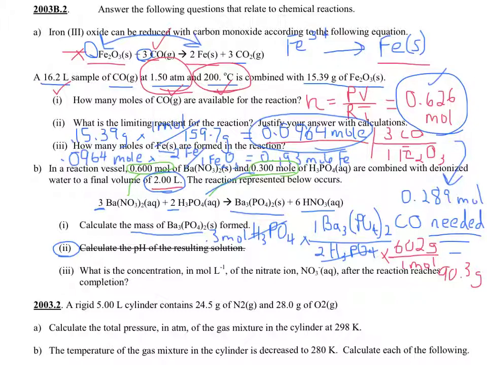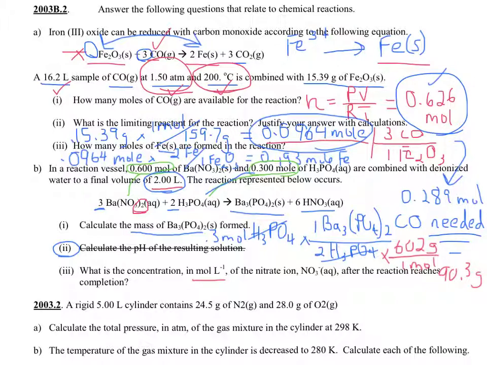What is the concentration in moles per liter, molarity, of the nitrate ion after the reaction reaches its completion? Well, we look back up at the formula for barium nitrate, which will be the source of the nitrate ions, and we see that there are 2 nitrates for every mole of barium nitrate.